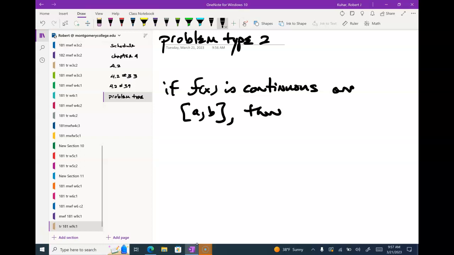From like 0 to 1 kind of interval, but it includes the endpoints. Closed interval. You with me? Then f must have an absolute max and an absolute min on the interval.